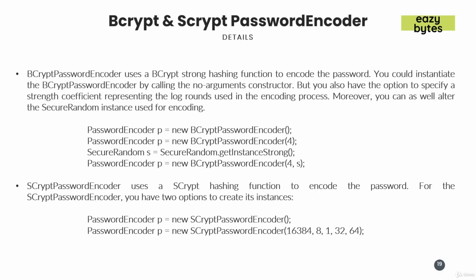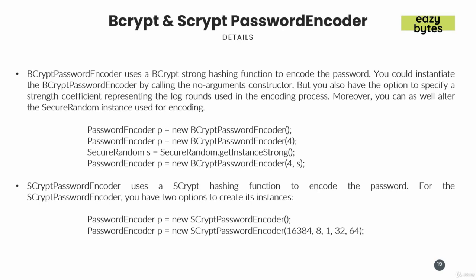Though the BCrypt password encoder will solve most of our problems, as days pass the hackers are also getting stronger CPUs, stronger GPUs and processors, which can help them derive the original text by comparing the hash of each and every text available in the dictionary.